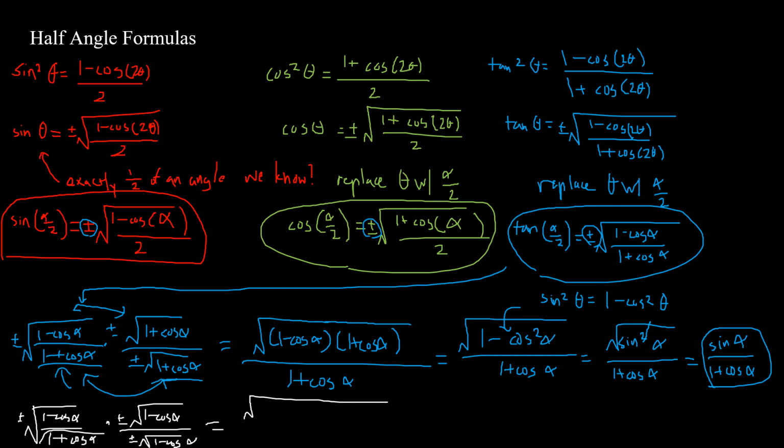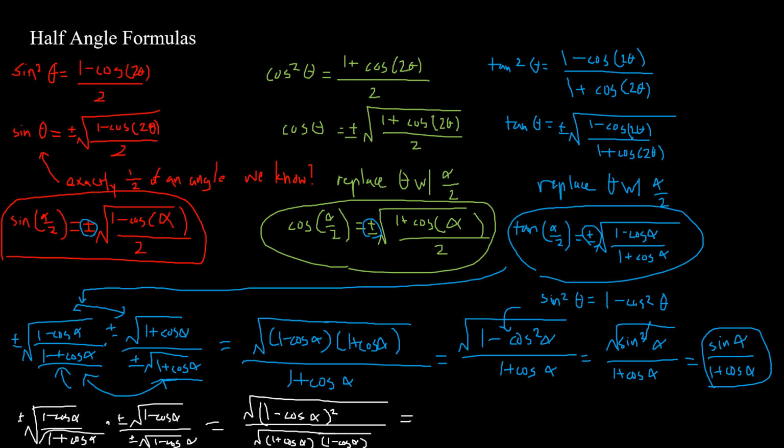So this is just going to be equal to 1 minus cosine alpha squared over, actually let me rewrite that, I need a bit more space, over the square root of 1 plus cosine alpha times (1 minus cosine alpha). Kind of running out of space here, so I hope you guys can still see.